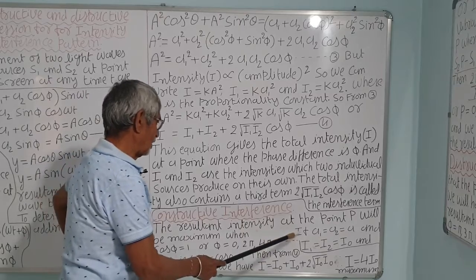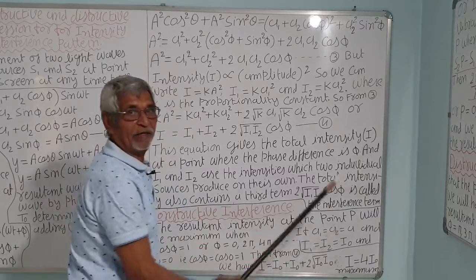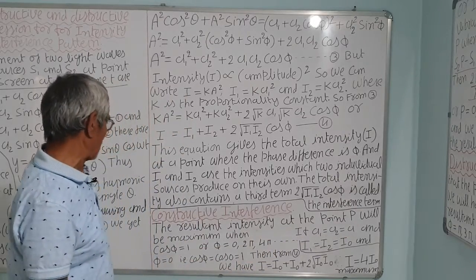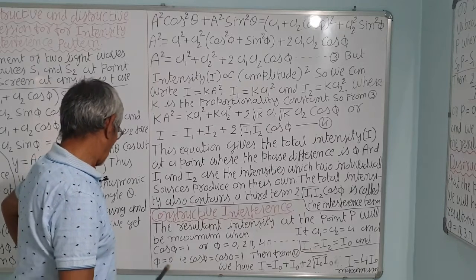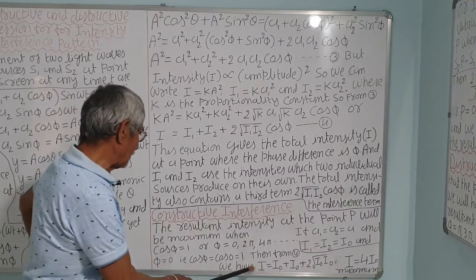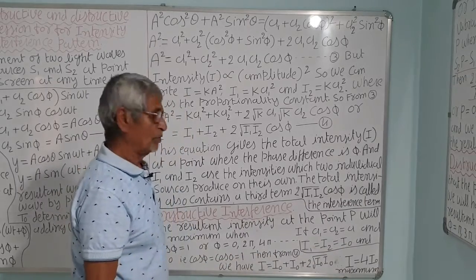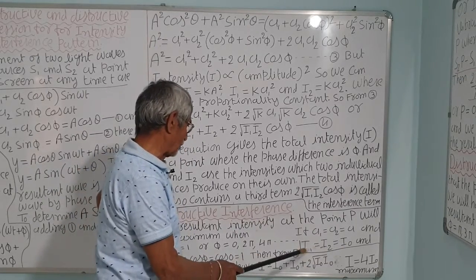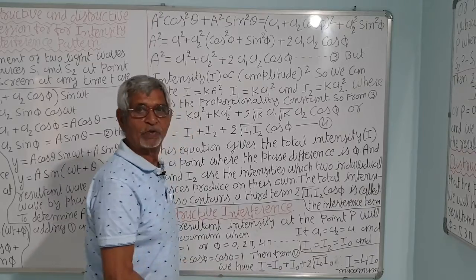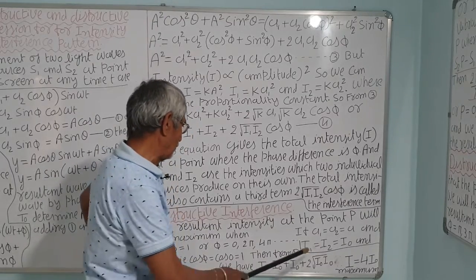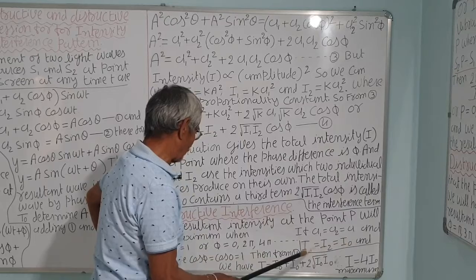Correct? And if a1 is equal to a2, the amplitudes of both the waves are the same, then the intensities I1 is equal to I2 is equal to, say, I0. The intensity of the light coming from the source slits S1 and S2 is the same, say I0.